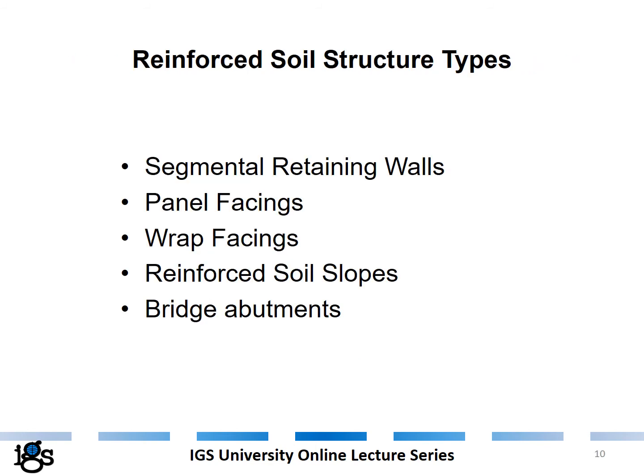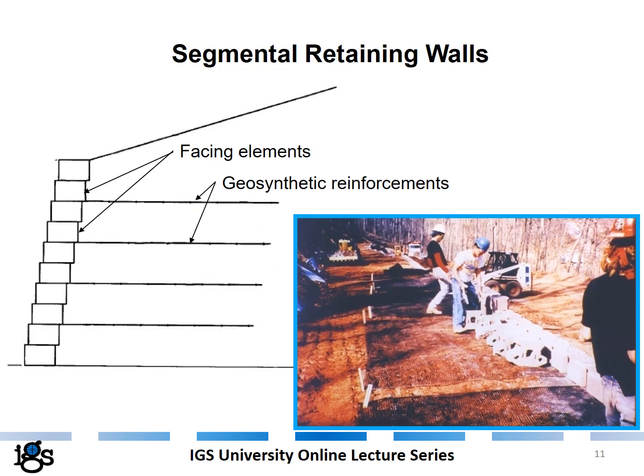Reinforced soil structure types can be listed as segmental retaining walls, panel facings, wrap facings, reinforced soil slopes, bridge abutments. The first type of reinforced soil retaining structure that I want to mention is the segmental retaining wall. This type of wall consists of two main elements.